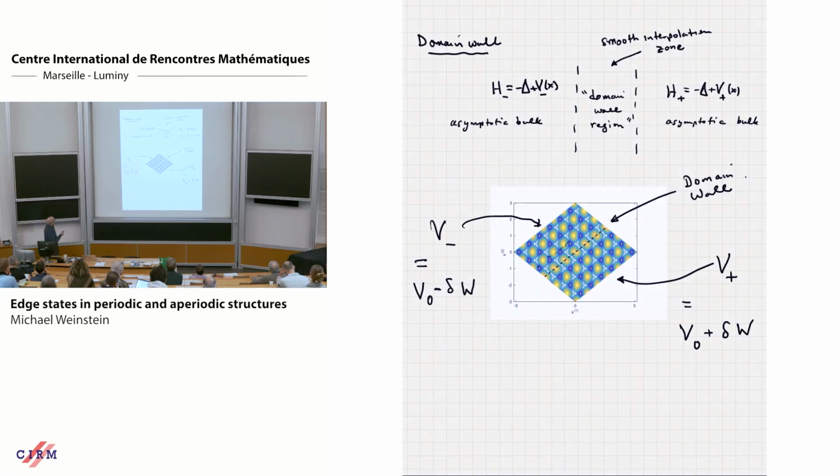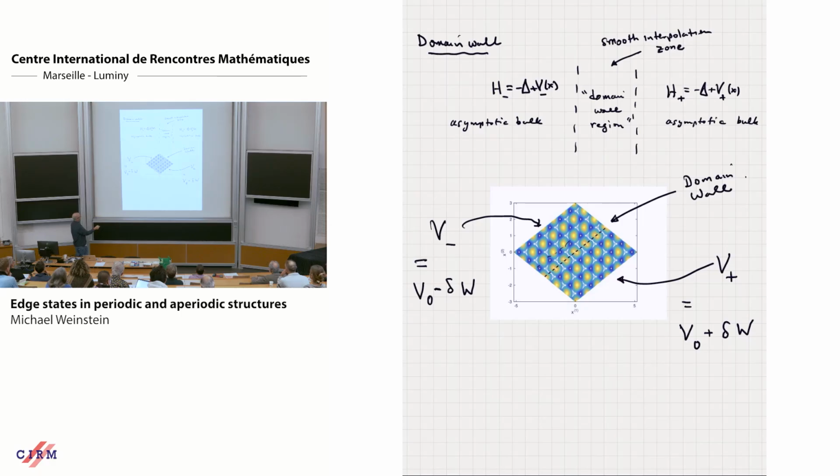Okay, so those are sharp terminations, and here's a domain wall. Schematically, a domain wall is you've got one bulk periodic structure way out on the right at plus infinity, and one bulk structure way out on the left at minus infinity, and then there's going to be some transition zone. Our transition zone will be smooth, and in this regime, we'll call this the domain wall regime.